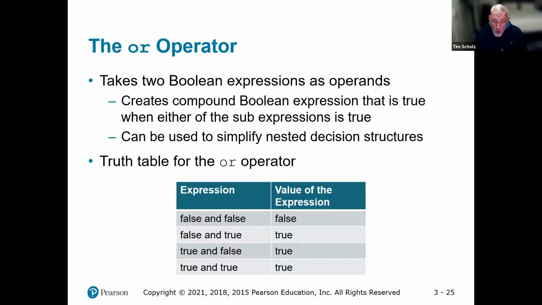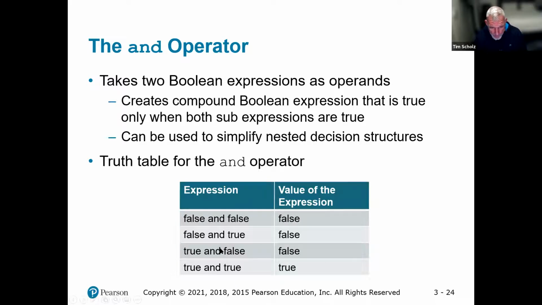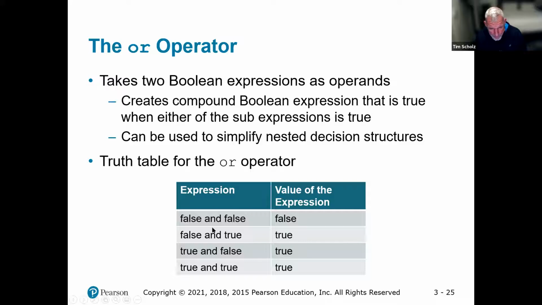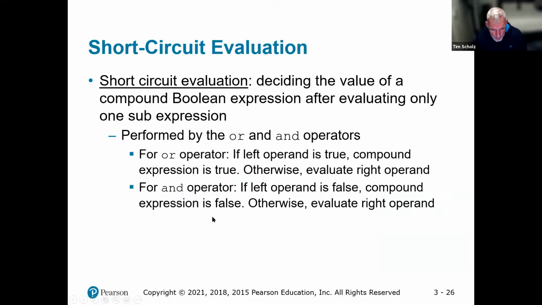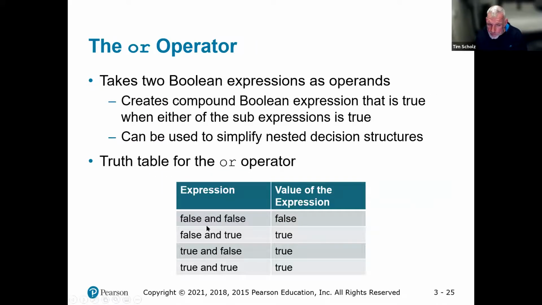Switching to the or operator. The truth table for or: when you have false or false, it always results in false because you're false on both sides.